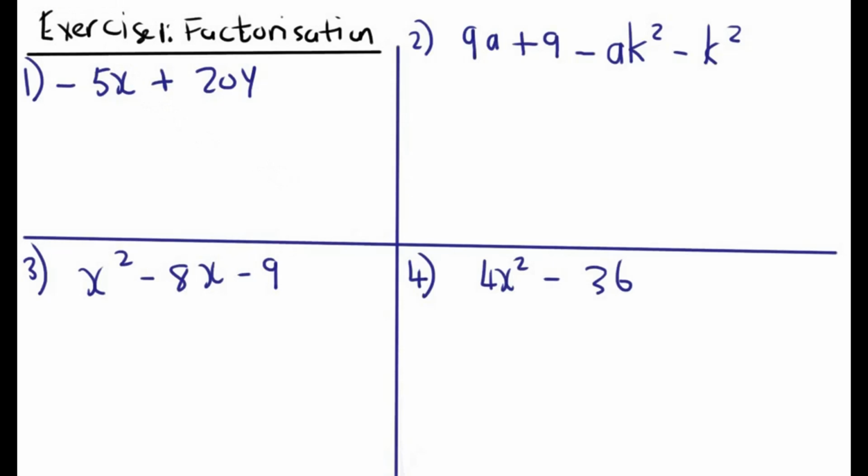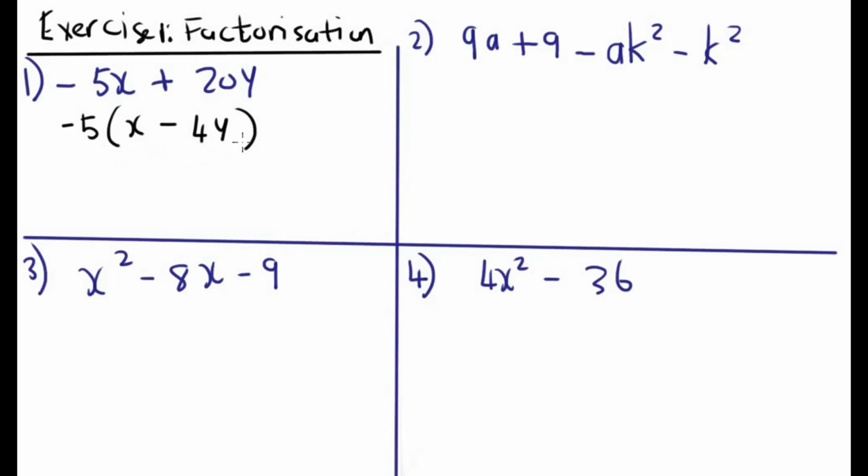So if you guys have done your classwork, you can see that in the first one, you can either take out -5 as a common factor, or you can take out 5 as a common factor. If we took out negative 5 as a common factor, our answer would have been x minus 4y.